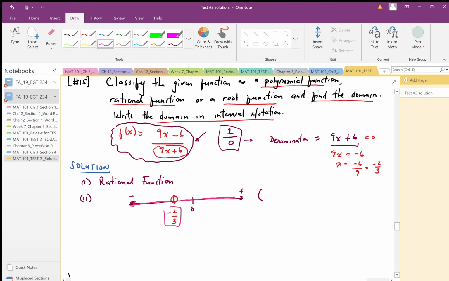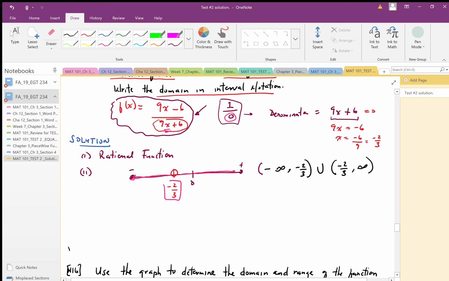Because if I plug that back into x here, it makes that denominator go to 0, and we don't want that. So you can typically write your domain as this: negative infinity to negative 2/3, in union with negative 2/3 to infinity. Okay, so that's for number 2.